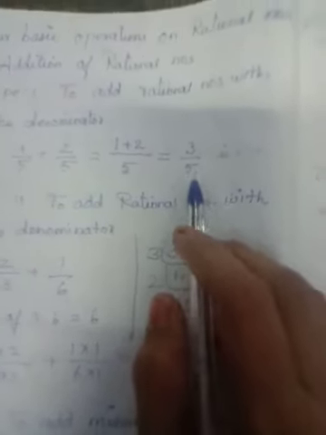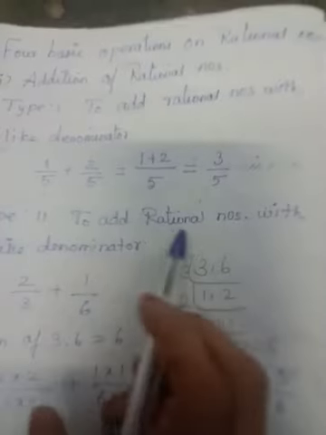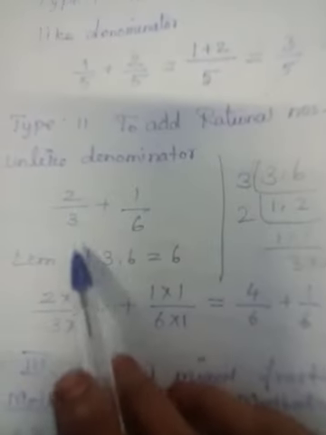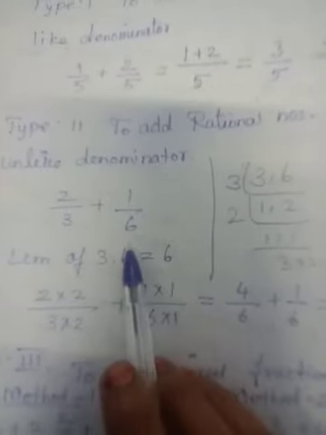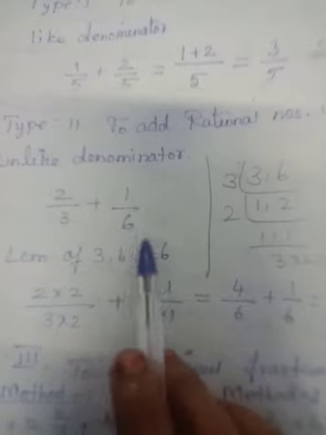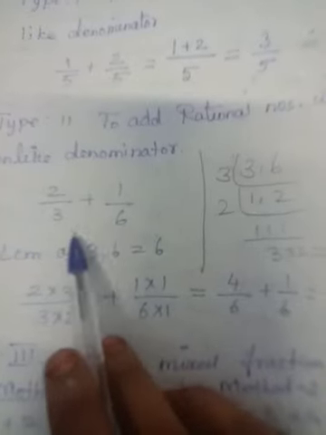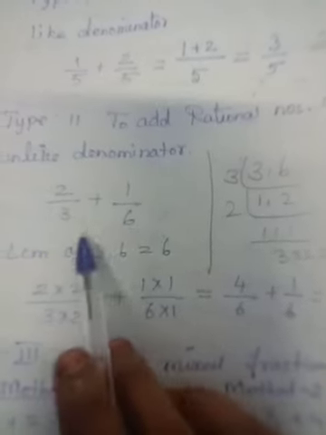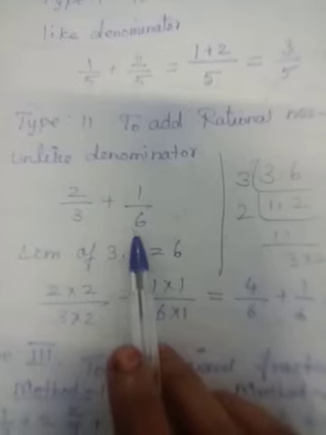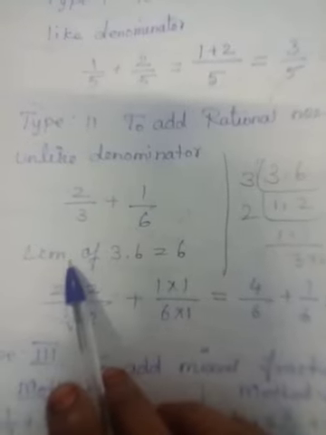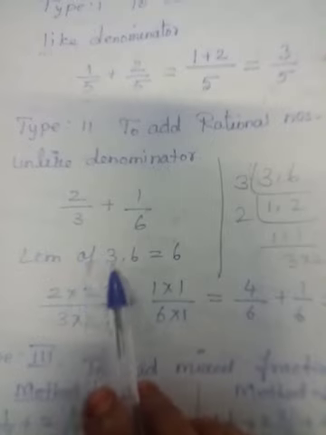Here it is not simplified. The second type is to add rational numbers with unlike denominators. 2 by 3 plus 1 by 6: the denominators are different, so it is called an unlike denominator. So we must find the LCM of 3 and 6.